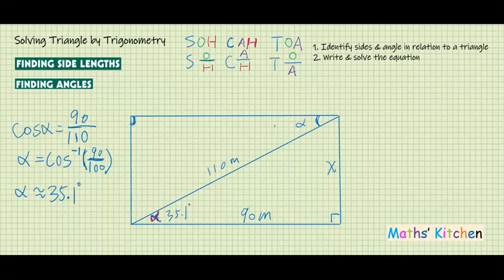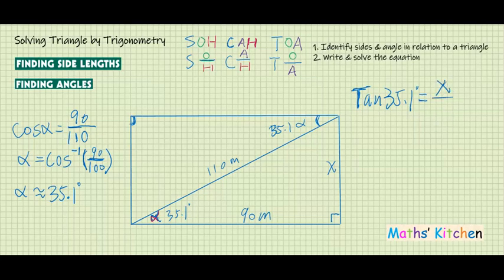Now let's find the length of x. You can either use sine or tangent. For example, if I use tangent, I can make this equation: tangent 35.1 degrees equals opposite, which is x, over adjacent, which is 90.